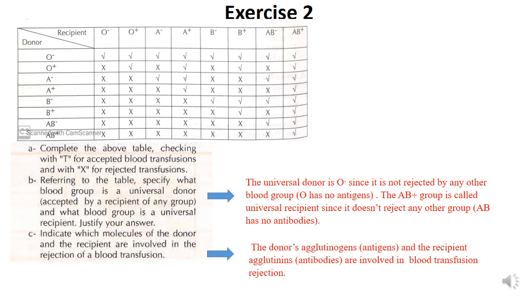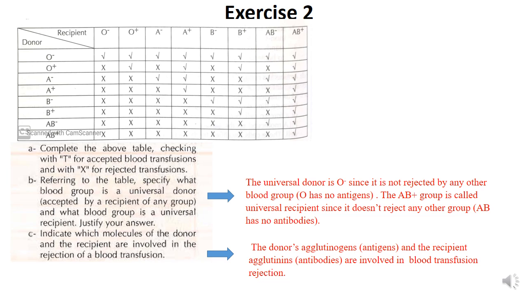O positive donates also to all blood groups that are positive, and cannot donate blood to those who are negative. What about A negative? A negative can give blood only to A and AB, negative and positive. A positive can donate blood only to A and AB positive.